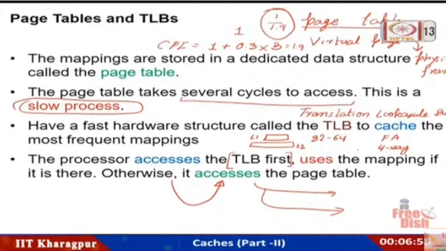Now accessing the page table can either be done in software or in hardware. If it is done in hardware, which is typically the case in most Intel processors, this is known as a hardware page walk. Intel processors provide a machine specific register, typically called CR3.